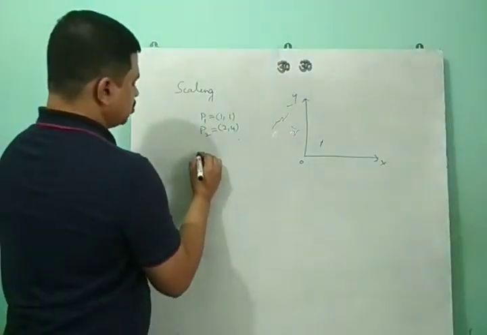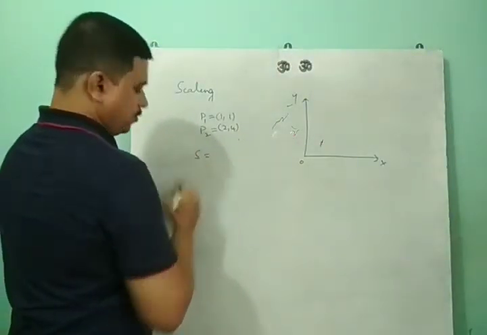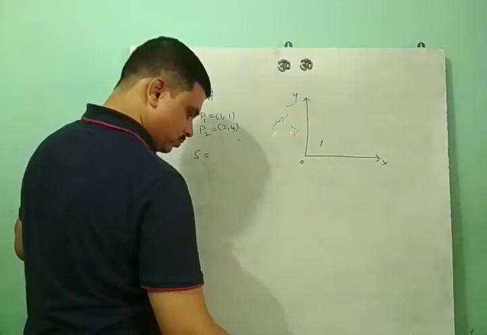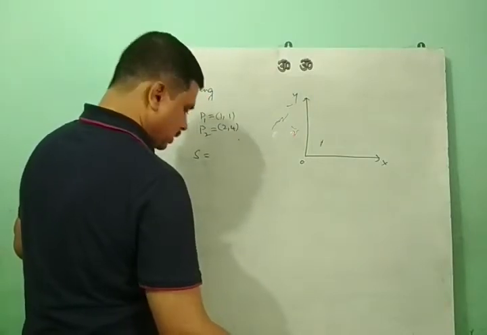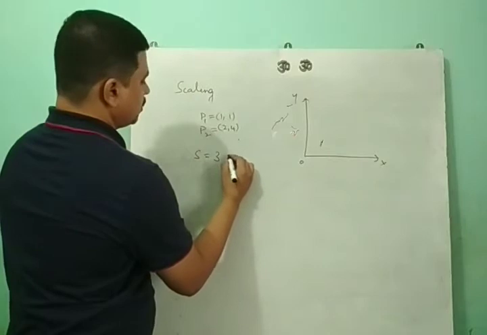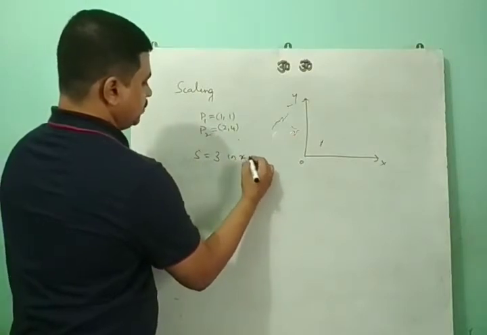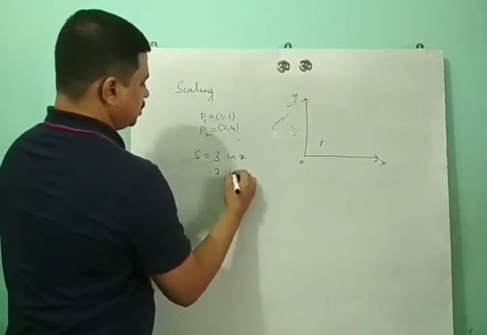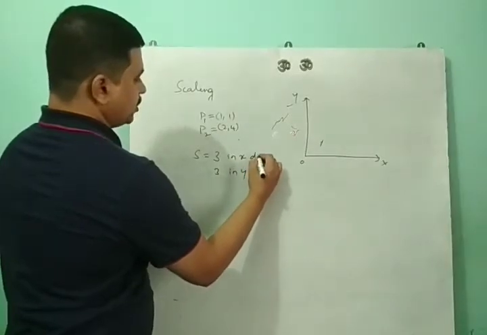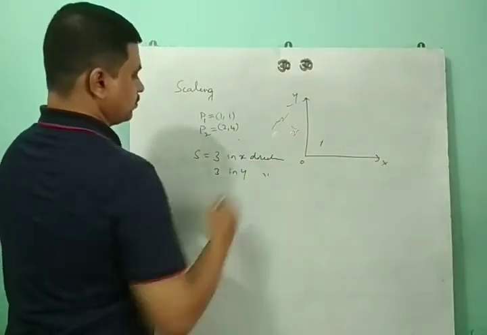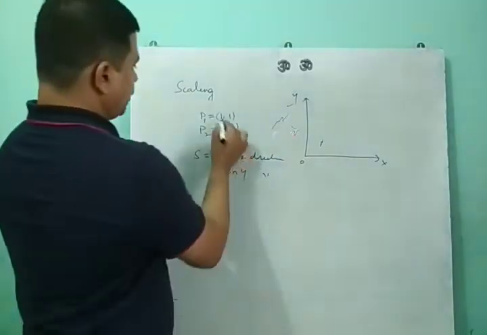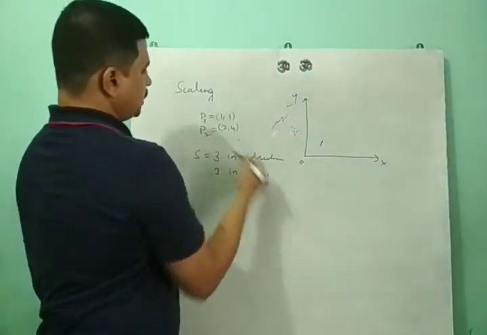We have to do the scaling by a factor of 3 units in the x direction and also 3 in the y direction. So first we locate the line using the end points.